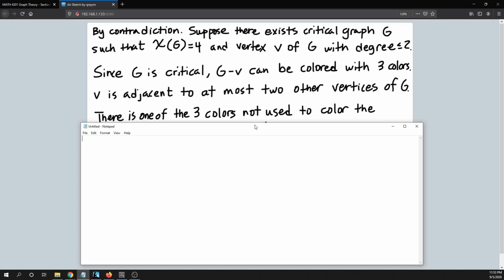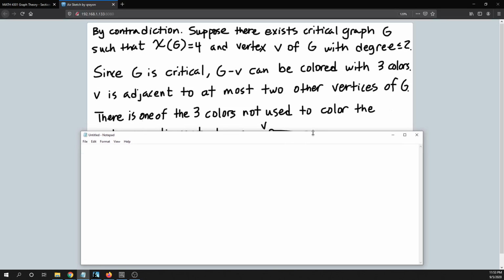There's got to be one of the 3 colors, possibly more, but all we need is one, that's not used to color the vertices adjacent to V.